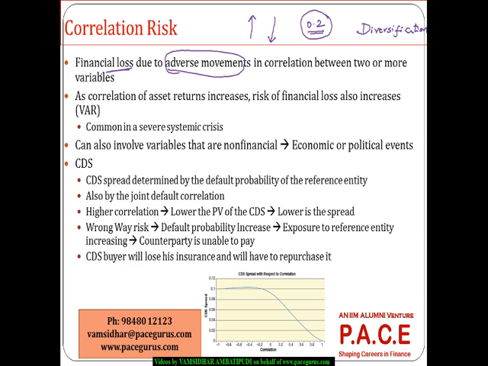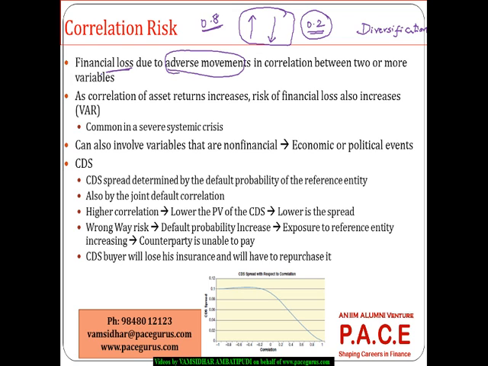But as time progresses, the correlation between them could increase to 0.8. Then what is happening? Whatever strategy I have adopted, thinking that it's a good portfolio, is not becoming a good portfolio. This is becoming a risky portfolio because these two are moving in the same direction. They are not moving in the opposite direction.